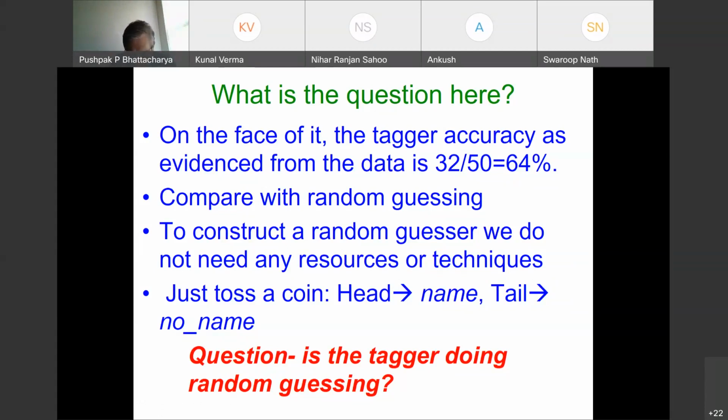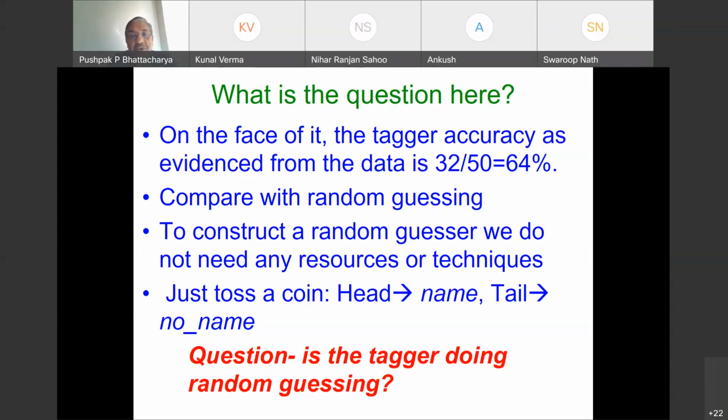I think accuracy is the thorn in the flesh now, so I'll remove the discussion on accuracy for the moment. I just want to establish or demolish the hypothesis that my named entity identifier is a random guesser.